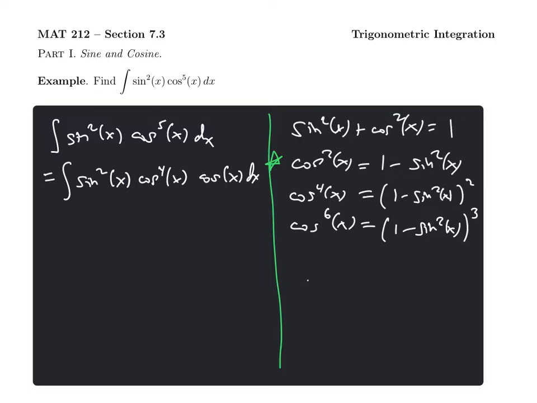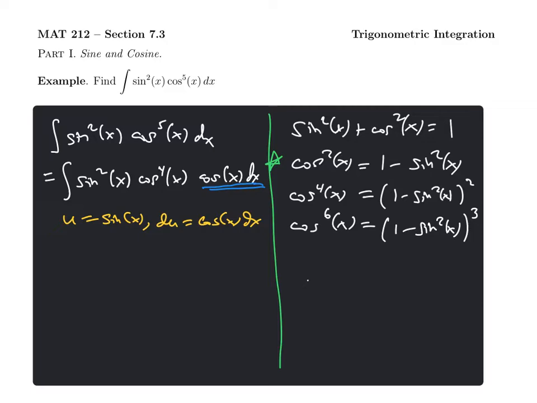My reason for doing this is that cosine of x dx, when I do a substitution, if I let u equal sine x, then du will be cosine x dx. And so that's the substitution that I'm going to be aiming to do. The substitution u equals sine x, du equals cosine x dx. That'll be my goal.